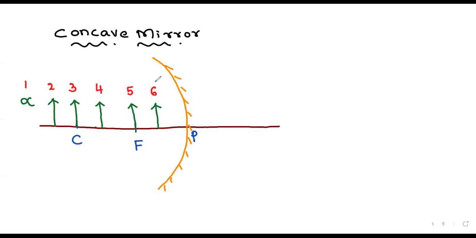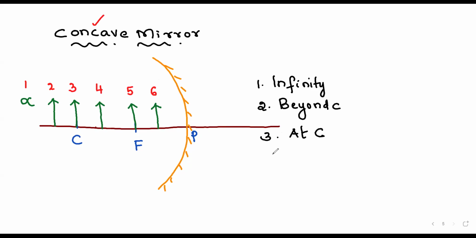So in total, how many image formations are there for our concave mirror? 6. What are the object positions? The object can be kept at infinity. The object can be kept beyond C. Third one, the object can be kept at C. Fourth one, it can be kept between C and F. Just bring it towards the mirror, no need to learn by heart.